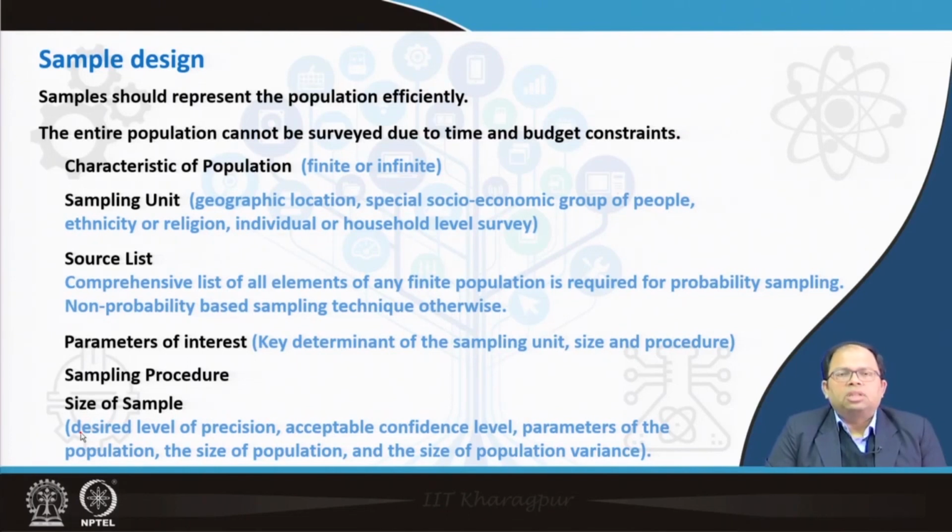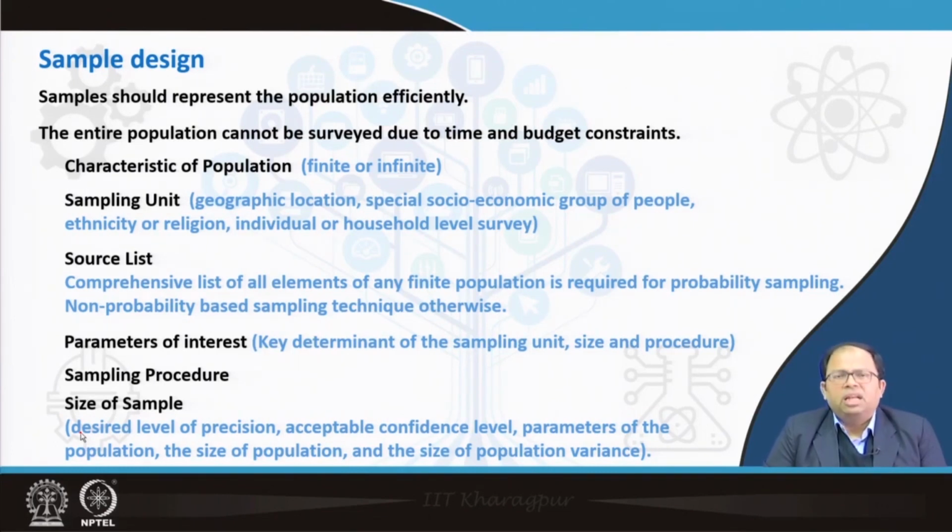Then we should have a source list, which means we need to have a list of all the elements of any finite population. That means if it's human beings in an urban area, we need to have the list of all people, using an identity card or any other information.